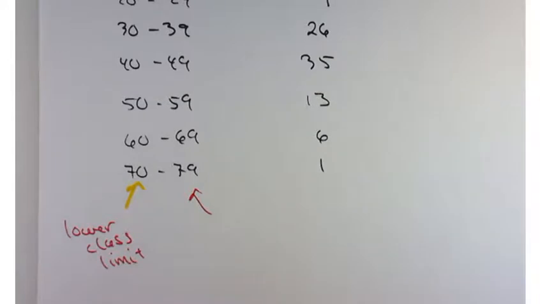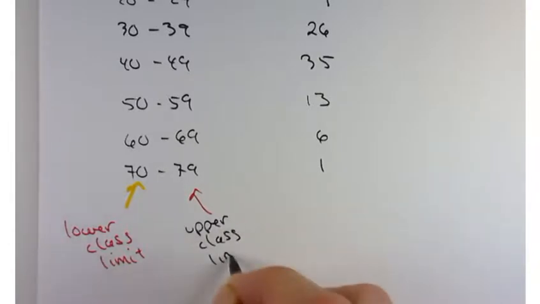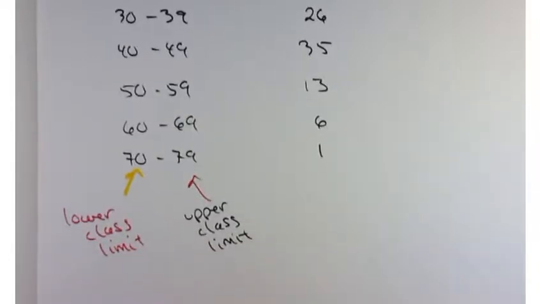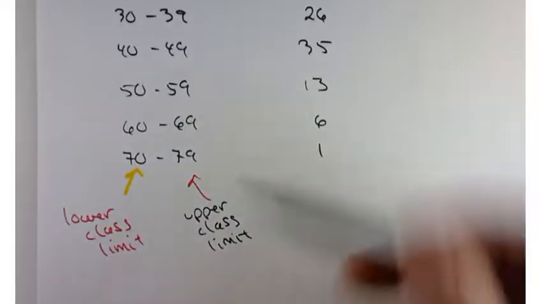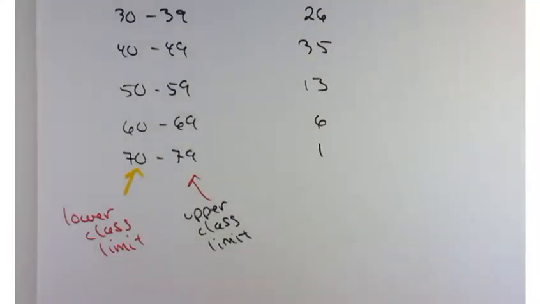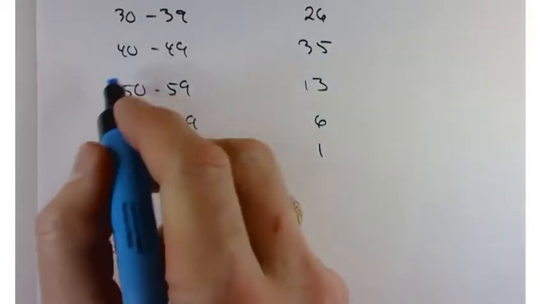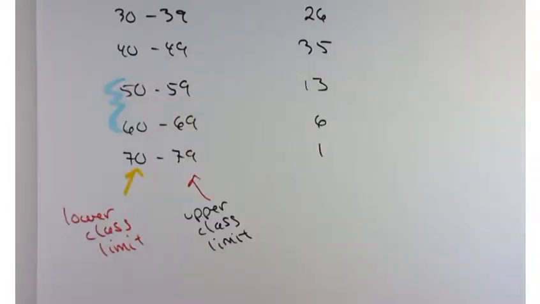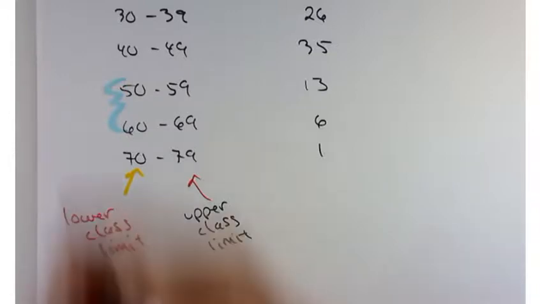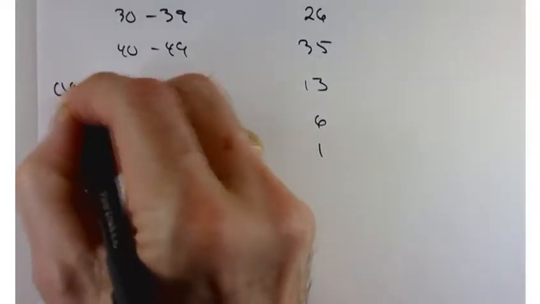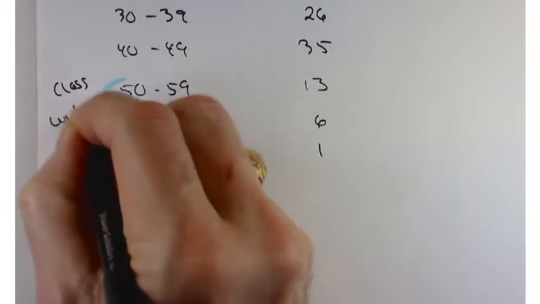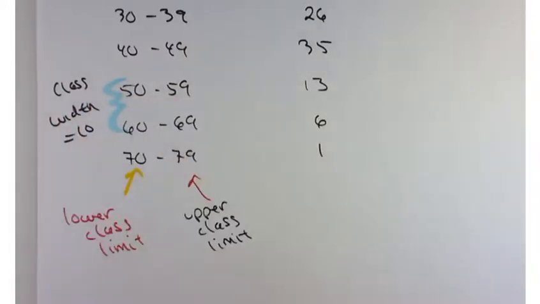By contrast, then, what do you think this set of numbers would be called? Yeah, the upper class limit. And then you can get the class width, how wide these are, by subtracting adjacent upper or lower class limits. So if I subtract these two, then I get a class width equal to 10.